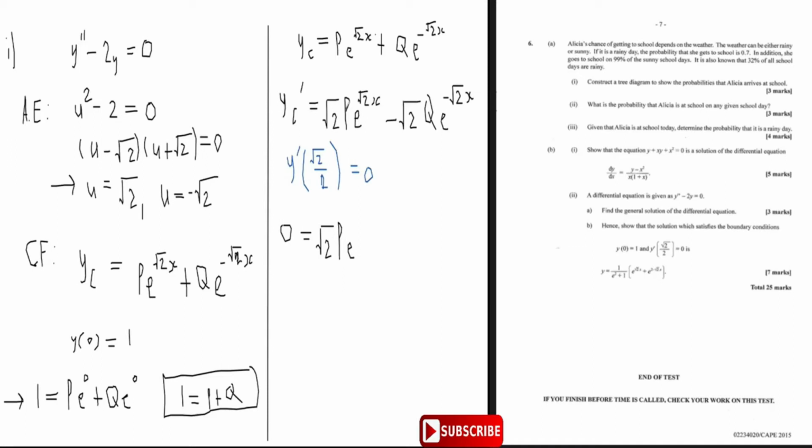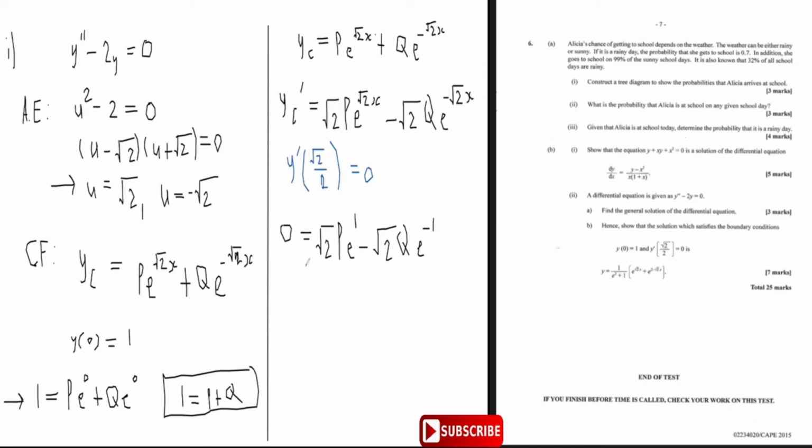Now root 2 times root 2 is 2, 2 over 2 is 1, so I'm going to get p e to the 1, minus root 2q e to the minus, root 2 times root 2 over 2, which gives you minus 1. This part gives you e to the minus 1.